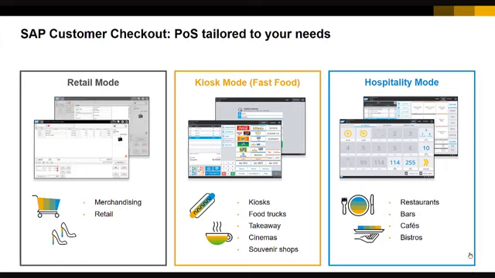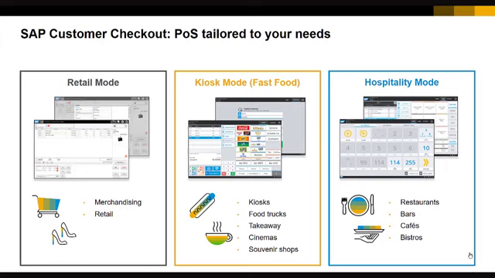The kiosk mode is optimized for touch to help you execute your sales process very fast. In the hospitality mode, you start with a table, and here we support, for example, tip management functionality. Now we will look into each of these user interface modes in more detail.